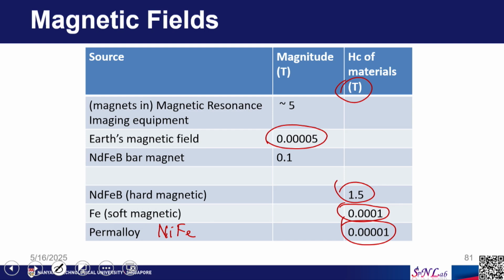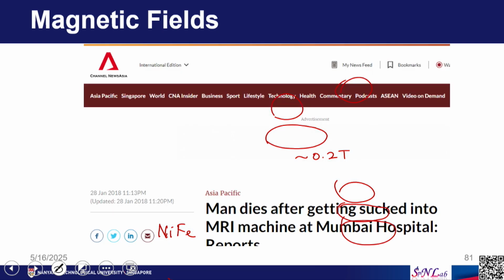A neodymium iron boron magnet can easily generate between 0.1 to 0.2 Tesla. And if you have seen NMR equipment, they have huge superconducting magnets. They can generate a 5 Tesla kind of field. This is to give you some idea of how strong the magnetic field can be.